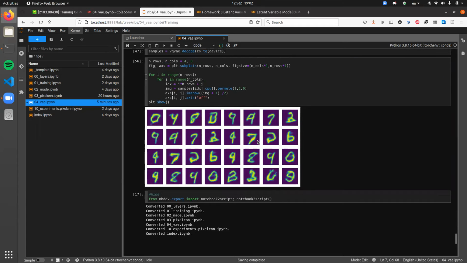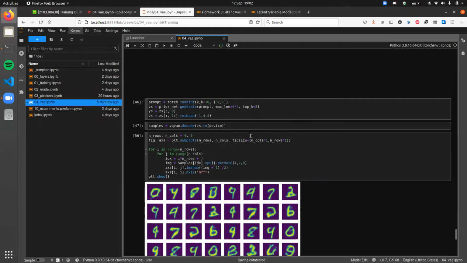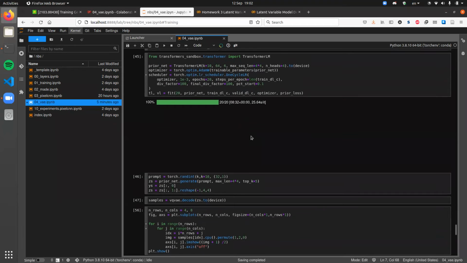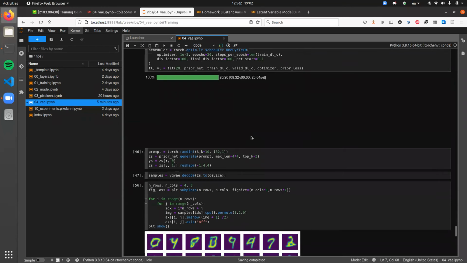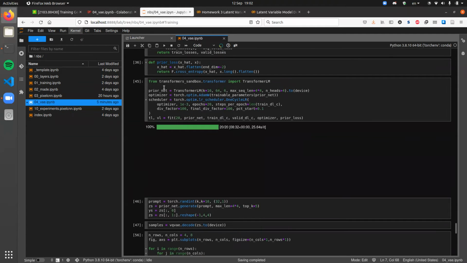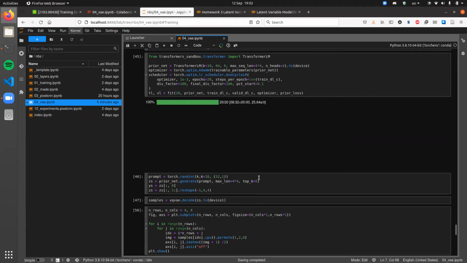I don't have it displayed here, but the loss of the prior model was still decreasing after whatever I've done, 20 epochs. So probably one can get even better samples after training it a bit longer, or maybe making this prior model more expressive.